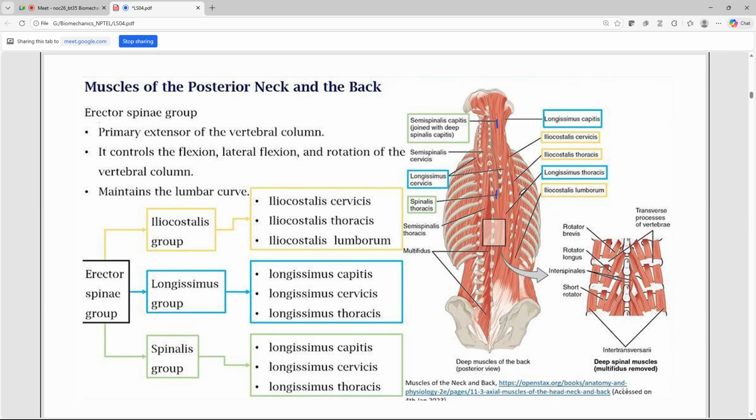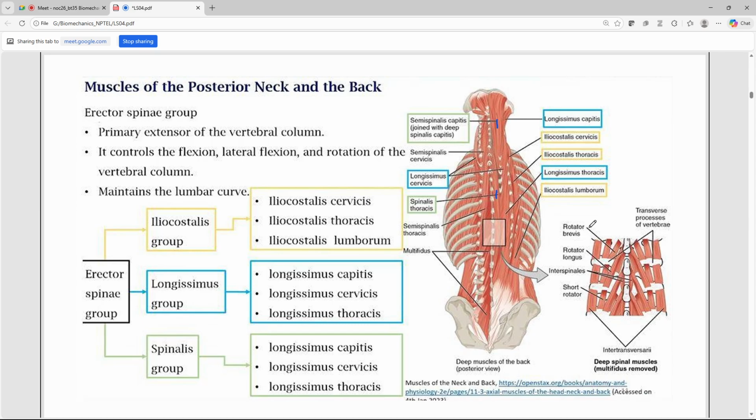And the second part of the first option was the iliocostalis group is most laterally located. So these blue ones you can see, this is the most outside, or sideways, laterally located. So the first option is true, that is the spinalis group is most medially located and the iliocostalis group is most laterally located.